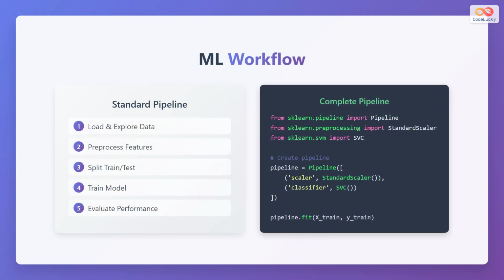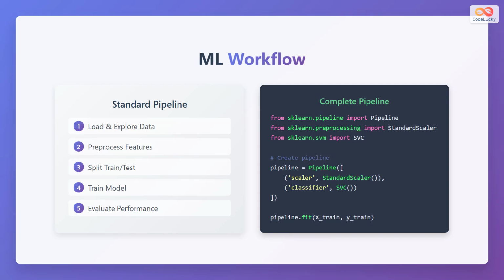A standard machine learning workflow follows 5 essential steps. First, load and explore your data to understand its structure, distribution, and potential issues. Second, preprocess features by scaling, encoding, and cleaning the data. Third, split your data into training and testing sets to enable proper evaluation. Fourth, train your chosen model on the training data.